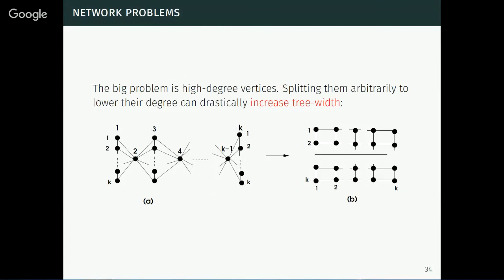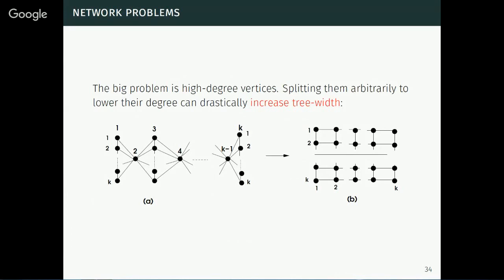This graph right here, which is a path, one node, another path, one node, and so on, has tree width 3. However, if you split this vertically, these intermediate nodes, you'll get a square grid. And this thing has tree width k. This is very far from being a tree.